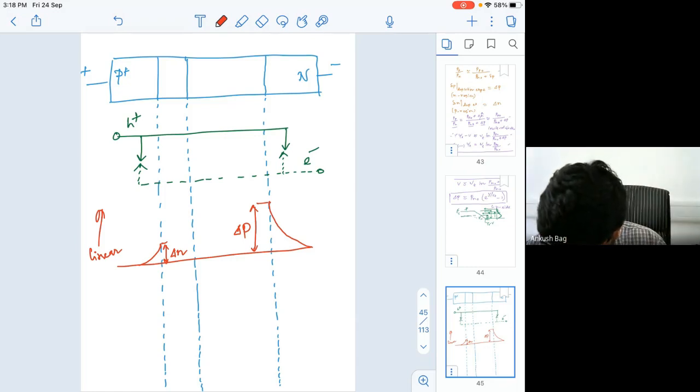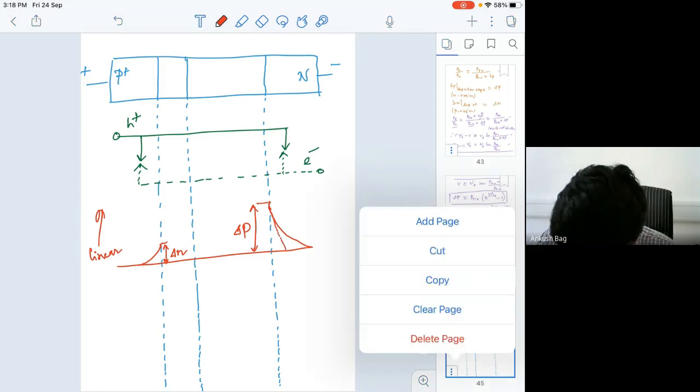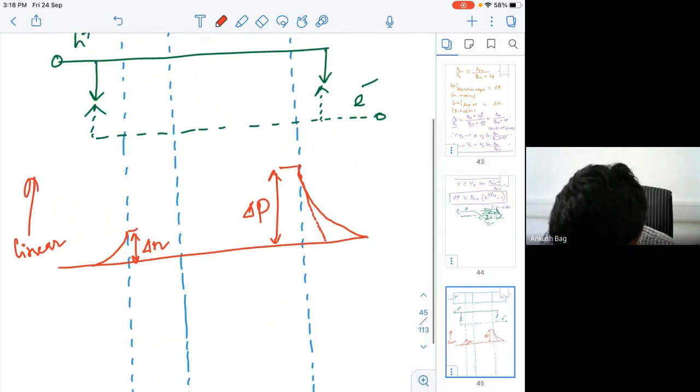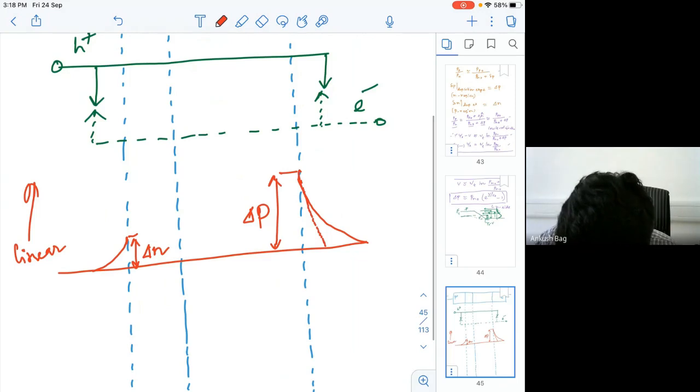And now if we take the tangent to the initial slope of this minority carrier concentration variation, okay, let me enlarge this. So this is the tangent to the initial slope of the minority carrier concentration.